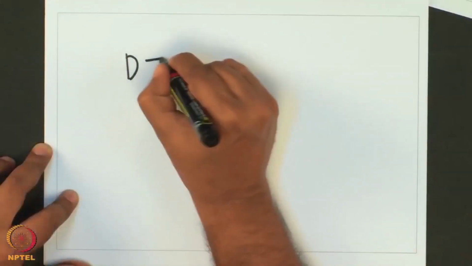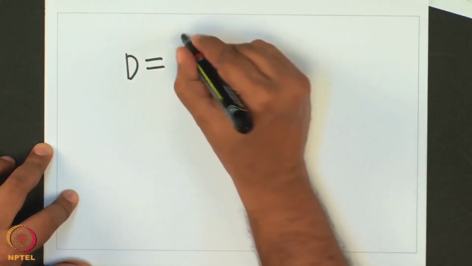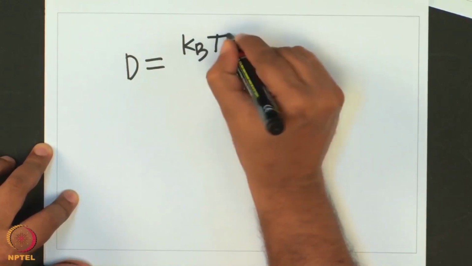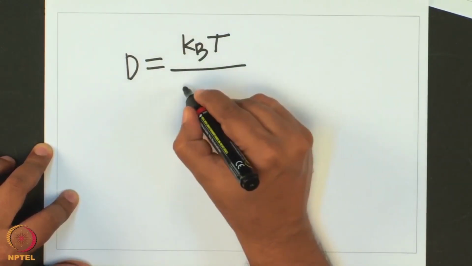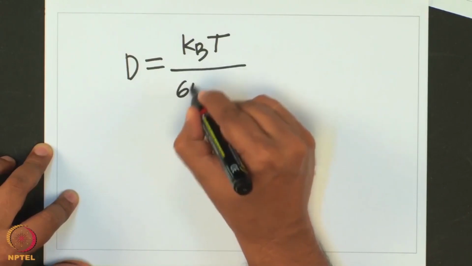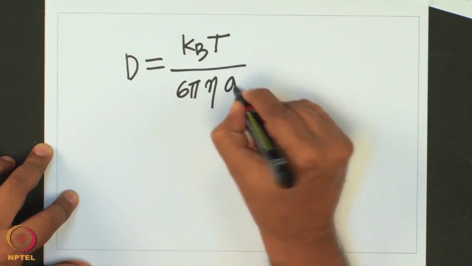So, let us calculate that number here. D is equal to kBT by 6 pi eta a.